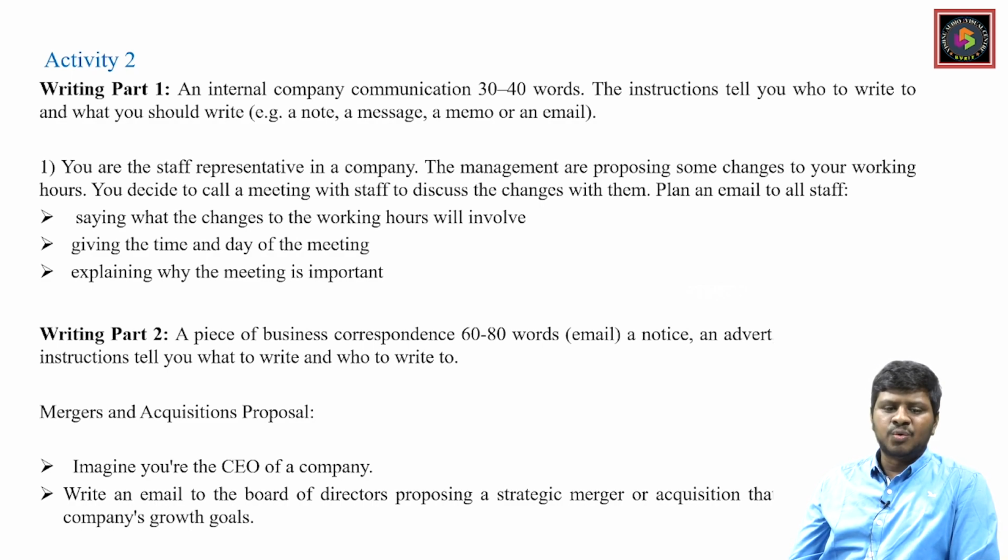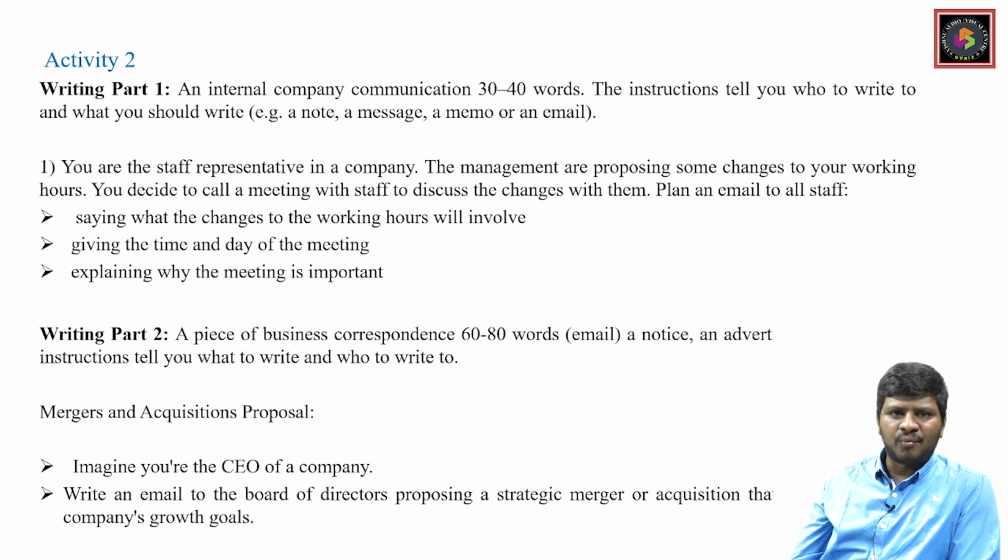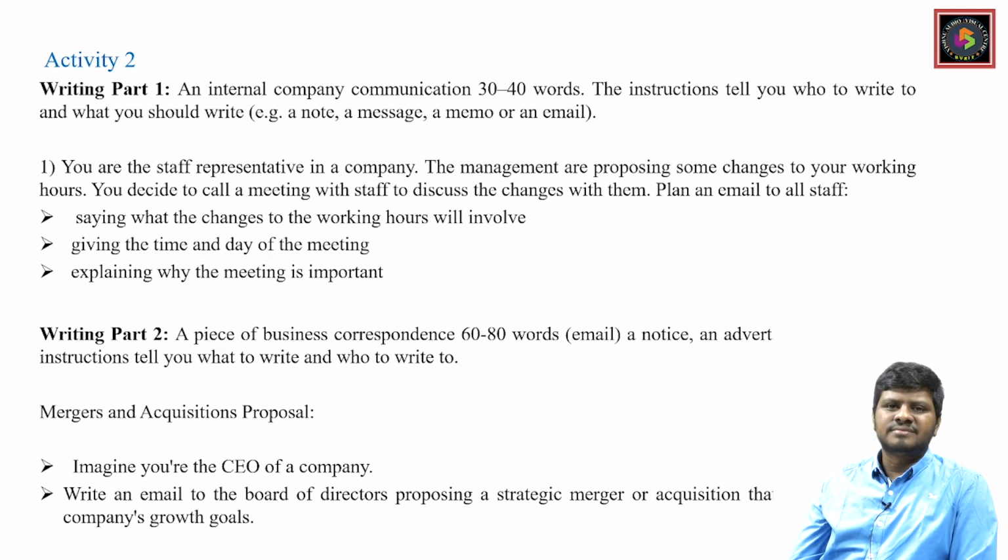The instructions tell you what to write and who to write to. Mergers and acquisitions proposal, and here you can see I have provided 2 contextual clues. Imagine you are the CEO of a company and write an email to the board of directors proposing a strategic merger or acquisition that aligns with your company's growth goals.